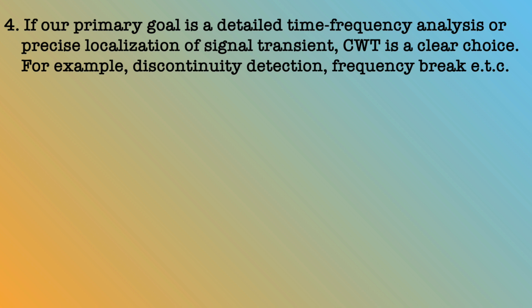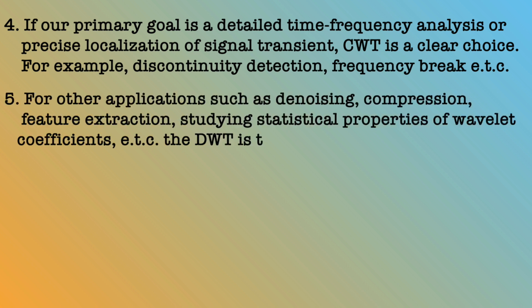For example, discontinuity detection, frequency break, etc. For other applications such as denoising, compression, feature extraction, studying statistical properties of wavelet coefficients, etc., the DWT is the obvious choice. Let us compare the performance of wavelet compression with some other common compression algorithms.